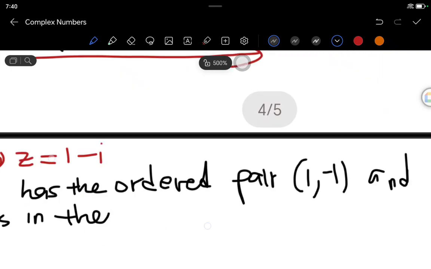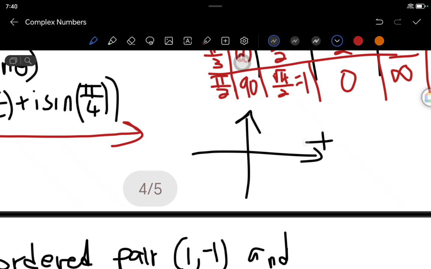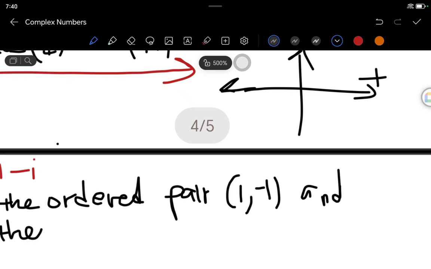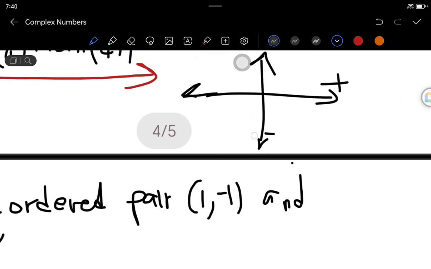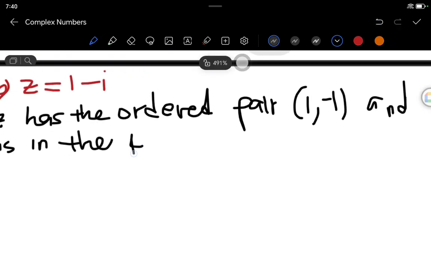Our A, if I just draw this, our A is this one, our B is this one. Our A is positive here, and B is negative here. So it means that this thing is in the fourth quadrant. You see, right? So we specify that this is in the fourth quadrant.